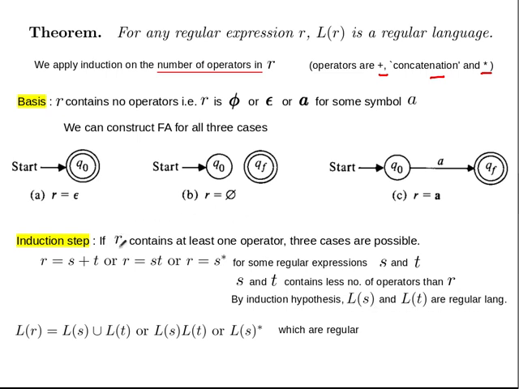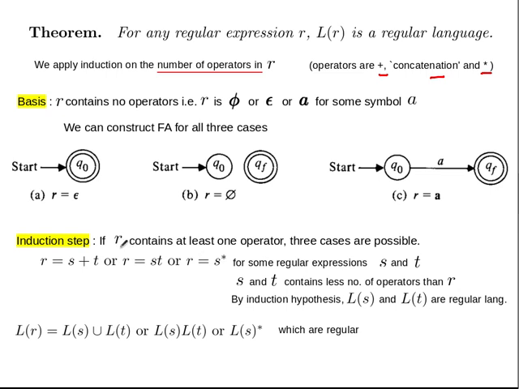But then what can this R be? By definition it is either a plus of two regular expressions, or a concatenation of two regular expressions, or the Kleene closure of some regular expression. And in each of these cases S and T will have fewer operators than R, right?